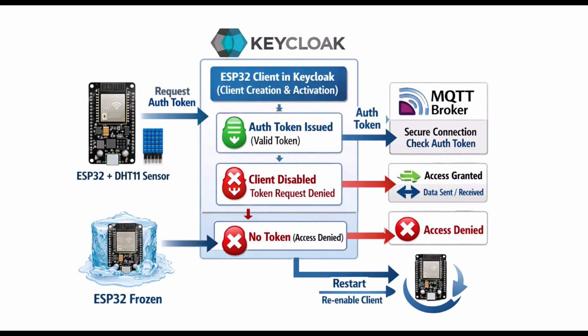As you can observe here, we have the ESP32, and one of the sensors I'm using is a DHT11, just for the purpose of demonstration. My target is pushing the data, not how we are connecting to the ESP32. That's another story. Then the ESP32 will communicate with Keycloak and get an authentication token.